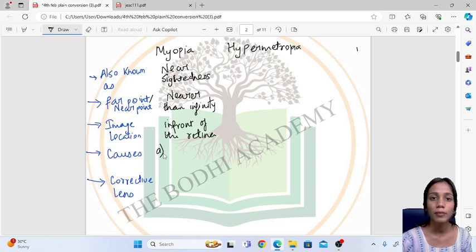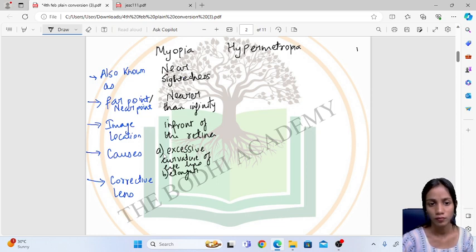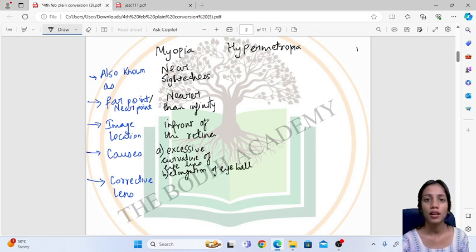And secondly, it can be caused by elongation of the eyeball. These are the two causes because of which the defect is caused.